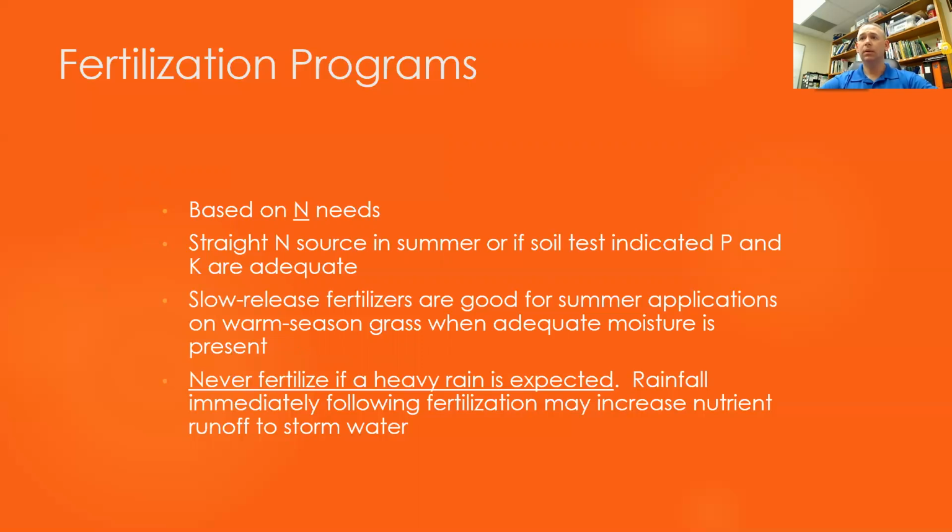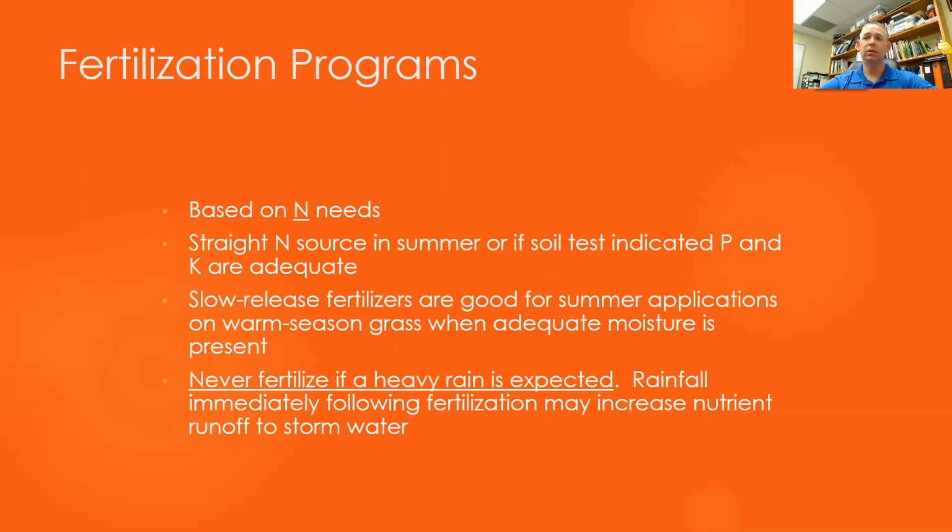So you're going to fertilize, and then you're going to hope for a rain event or schedule it right before a moisture event, or water it in. And then you really don't want to fertilize right before a heavy rain event. It doesn't matter if it's a chemical fertilizer or organic fertilizer.